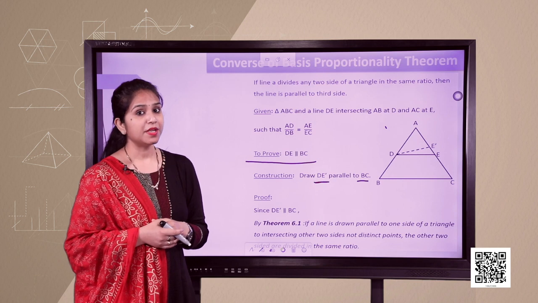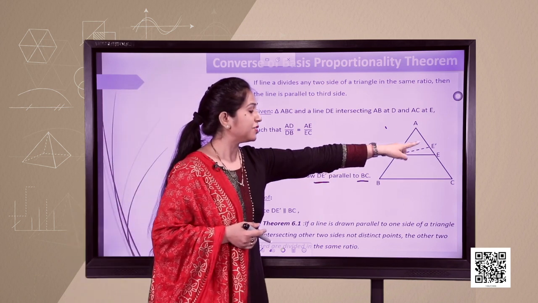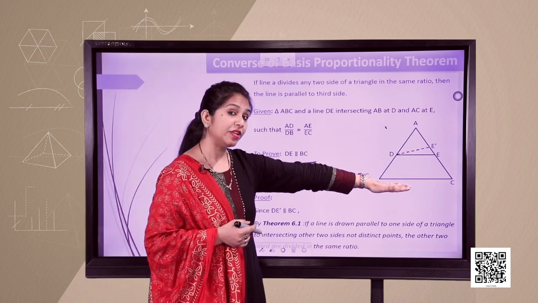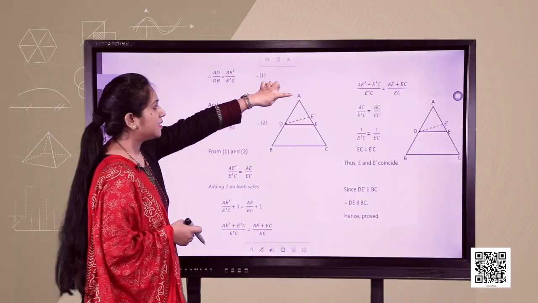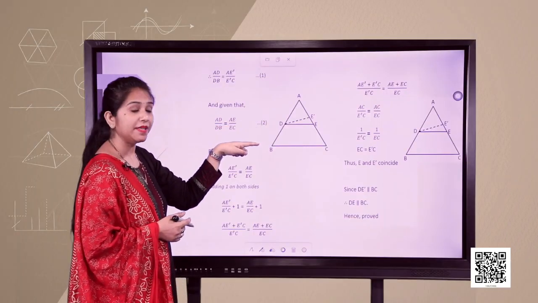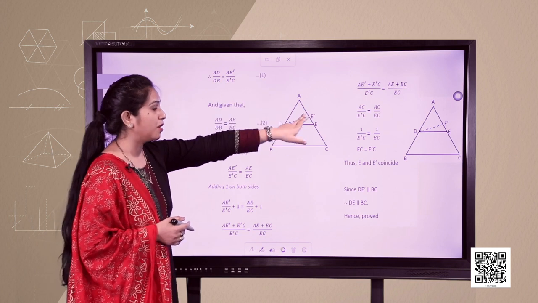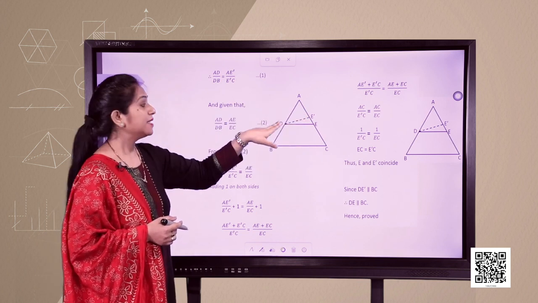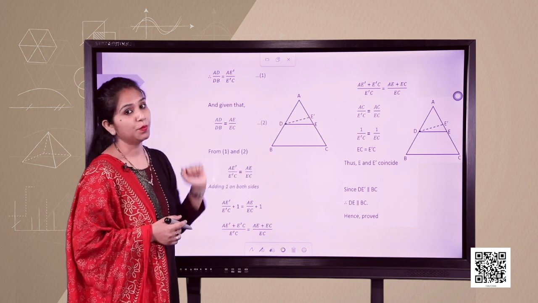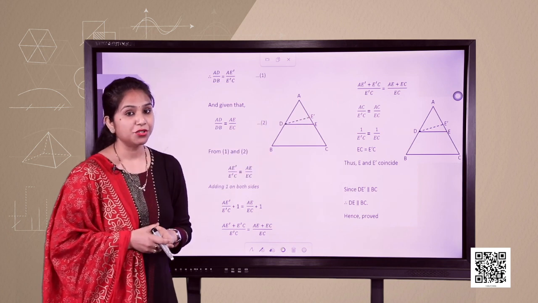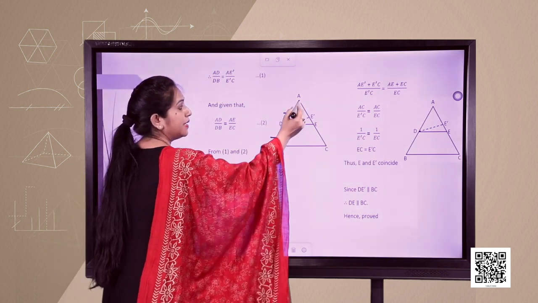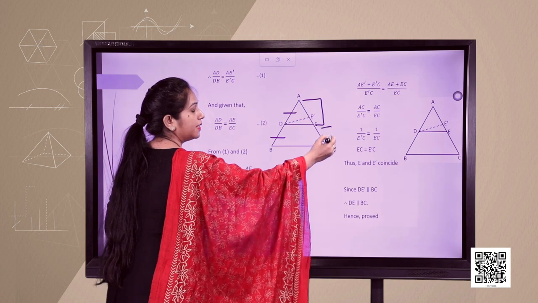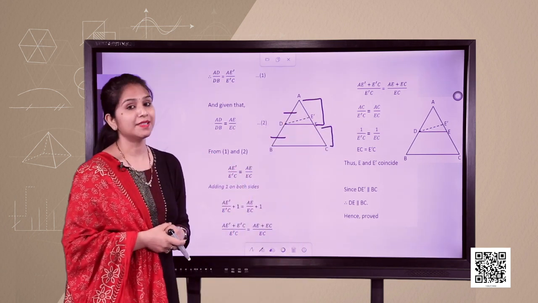So, according to our assumption, if DE dash is parallel to BC, then by using BPT we can write that AD upon DB is equal to AE dash upon E dash C, as DE dash is parallel to BC. But what is given to you? The given condition is that AD upon DB is equal to AE upon EC, right. So, this is your second equation.